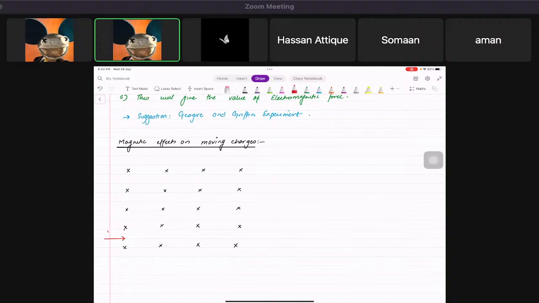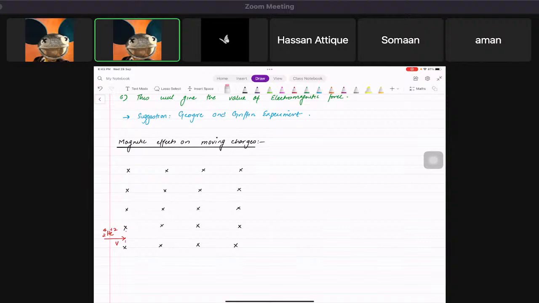An alpha particle is just a helium nucleus with +2 charge on it, and it enters perpendicular to the field. So it's perpendicular to the field, enters here. Is it clear, everybody? With the velocity v. When it enters, according to Fleming's left hand rule, your index finger should be pointing towards the page itself, because the field is going into the page, so the index finger is pointing towards the screen that you're looking at.